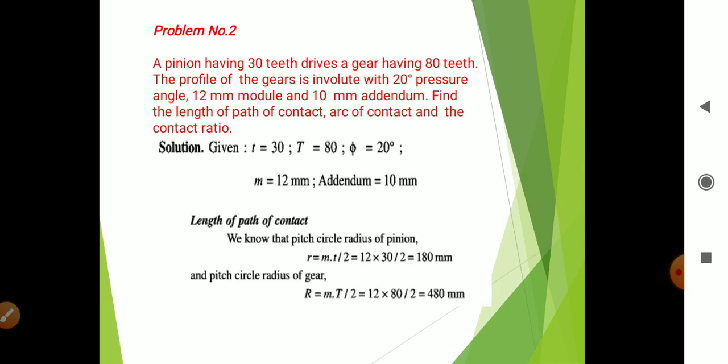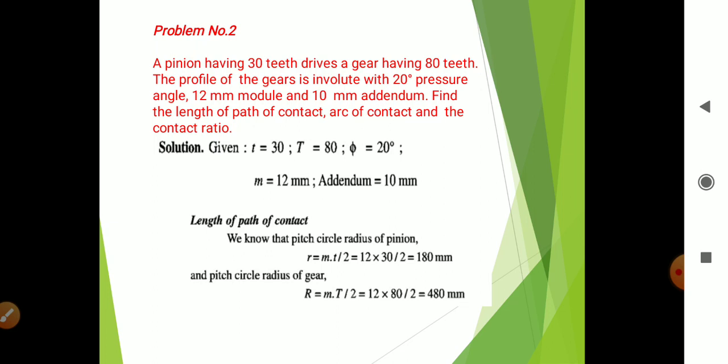Now we have to find the length of path of contact. For that we must find the radius of the pinion and the radius of the wheel. First, the radius of the pinion. The pitch circle radius of the pinion, small r, is equal to small m into small t divided by 2.